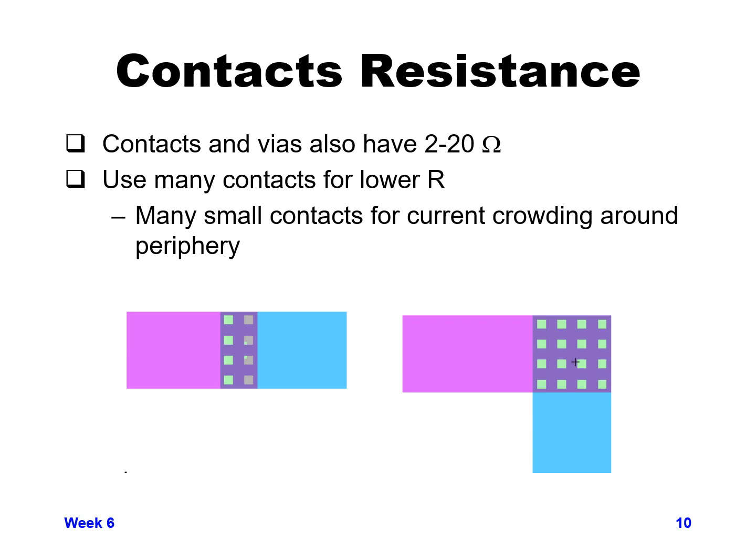So if you had a single contact, you might have 20 ohms. If you have a 4x4 array of 16 contacts in parallel, those now would take that amount of resistance and divide it by a factor of 16. And so you might go from 20 ohms down to an effective resistance of 1.2 ohms or so.